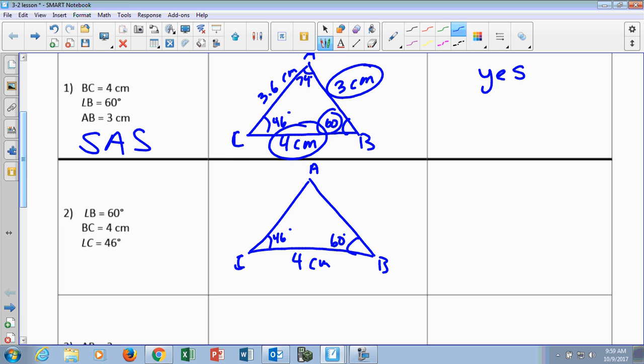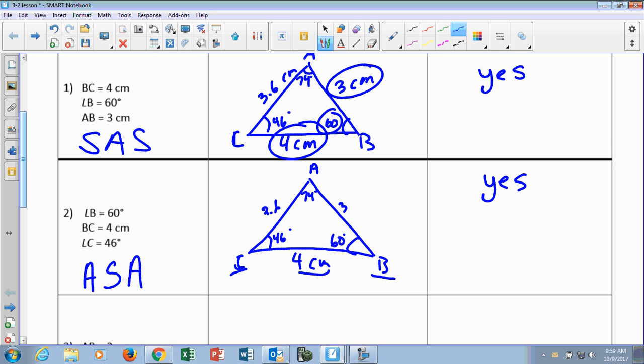Is BC 4 centimeters? Yes, so it's the same. That's a yes, and we're going to write ASA. If the last one was side, angle, side, what do you think this means? Angle, side, angle. So yes, that makes it congruent in the book. If these angles are like this, then these sides are all congruent to the 3.6 and the 3, because they're the same measurements.